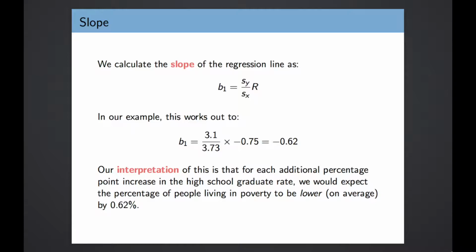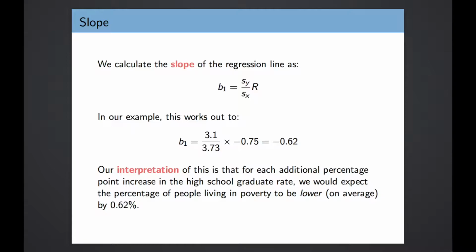So in our example, based on the data that we talked about on the previous slide, this is going to solve out to 3.1 over 3.73, so the standard deviation of y over the standard deviation of x, times the correlation coefficient, which was negative 0.75, which is equal to negative 0.62.